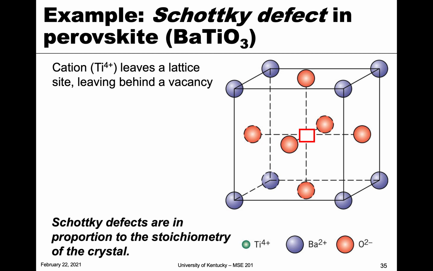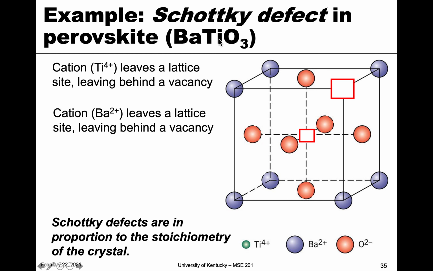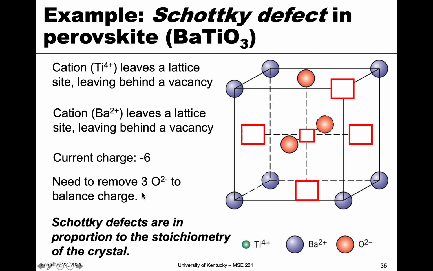We have to do it in accordance with the stoichiometry. If we remove one titanium, as you can see up here, we also have to remove one barium. Then, since this is a -6 charge, you also have to remove 3 oxygens for every 1 barium and 1 titanium that you remove, because that's the only way to balance the charge. So you have to remove a whole formula unit, 1 barium, 1 titanium, 3 oxygens, for that to be balanced.